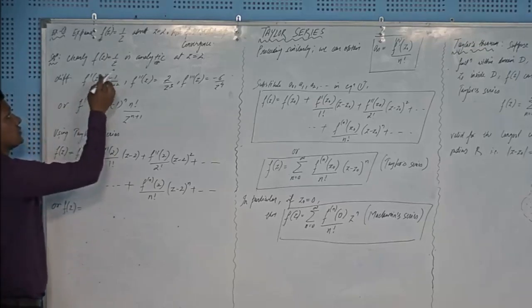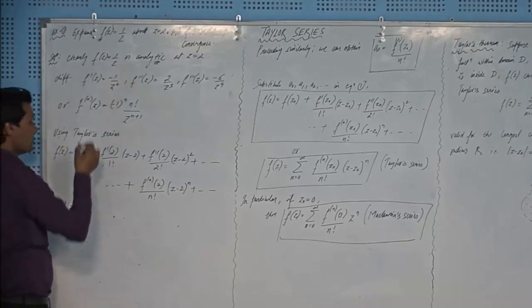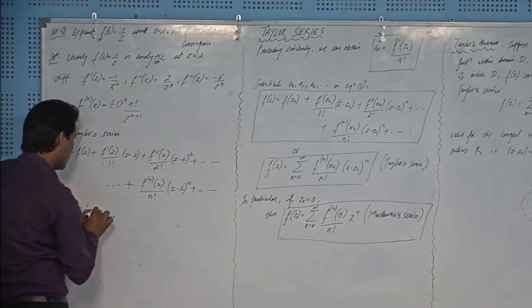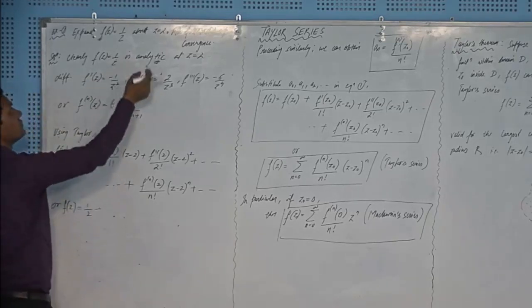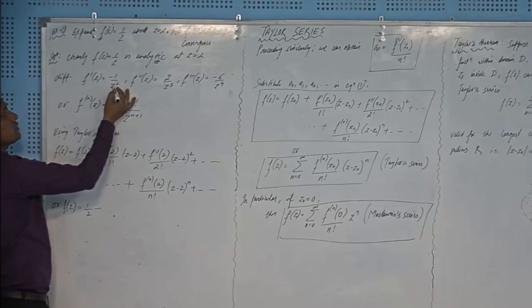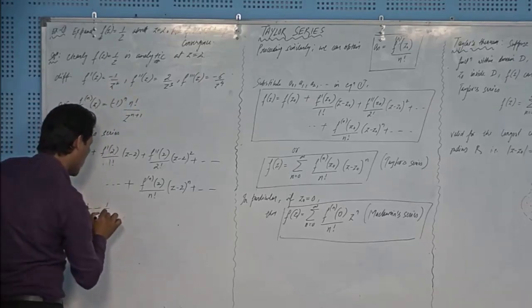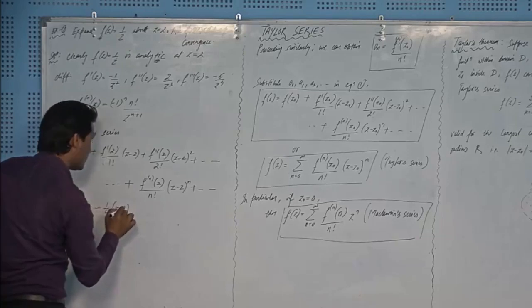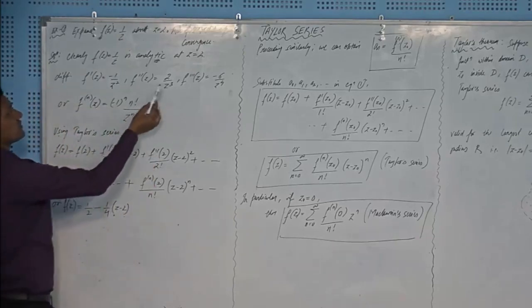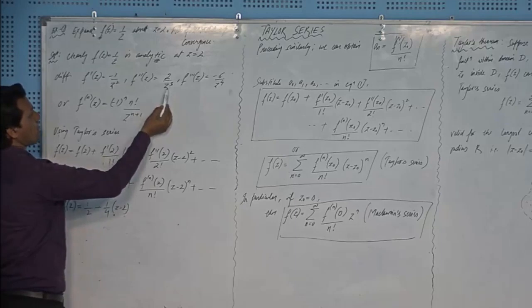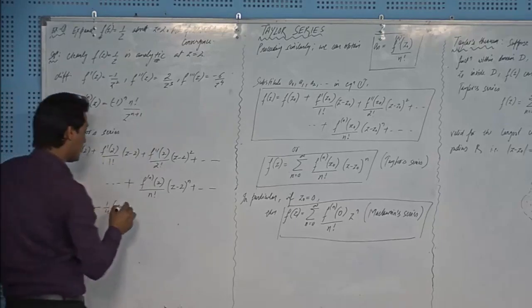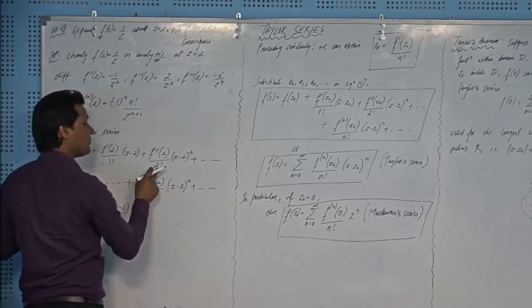So I will plug these values. You can evaluate f(2) from here, you just plug 2 here, that will be 1 by 2. So 1 over 2 plus f dash 2. If you put 2 here, you will get minus 1 by 4, so minus 1 by 4 times z minus 2. And for f double dash 2, you should plug 2 here. That will be 2 by 8, and that will be 1 by 4, and here we will have 2 factorial.